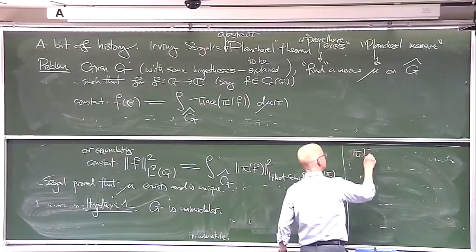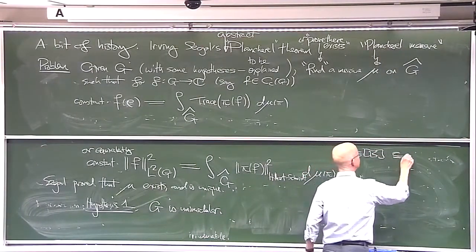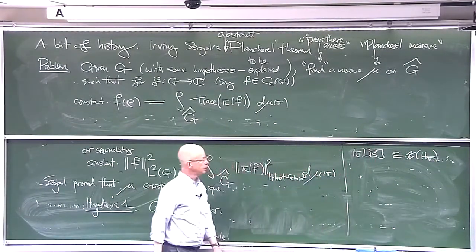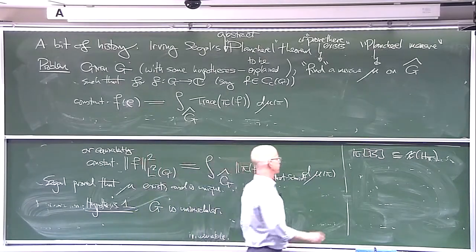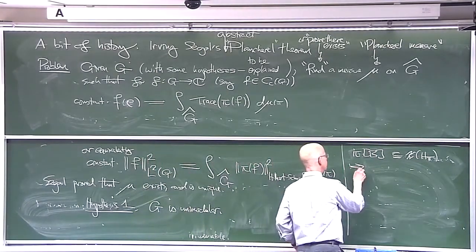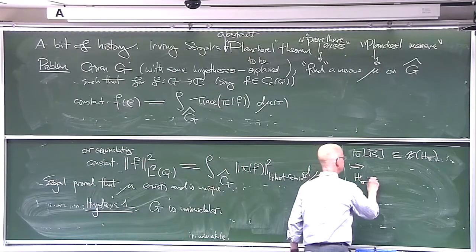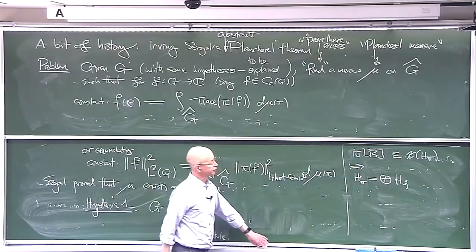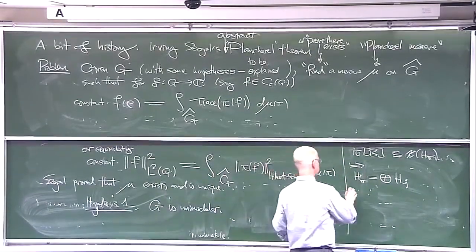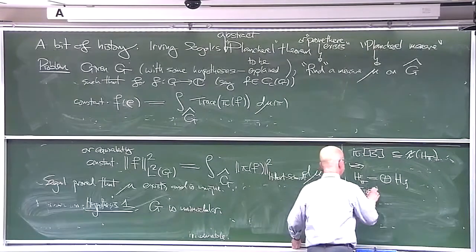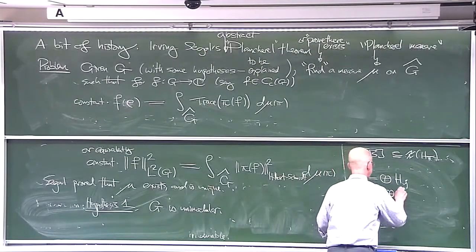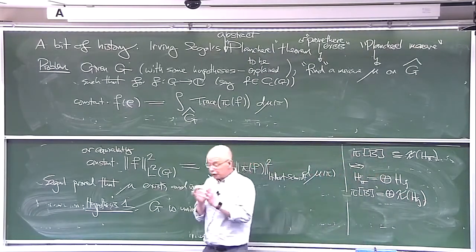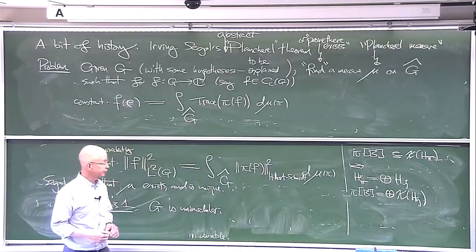So if I have a representation whose image consists only of compact operators, then it's possible to decompose the Hilbert space as an orthogonal direct sum of subspaces in such a way that pi of b is precisely the C0 direct sum of the compact operators on these subspaces, and each individual subspace is an irreducible subrepresentation.